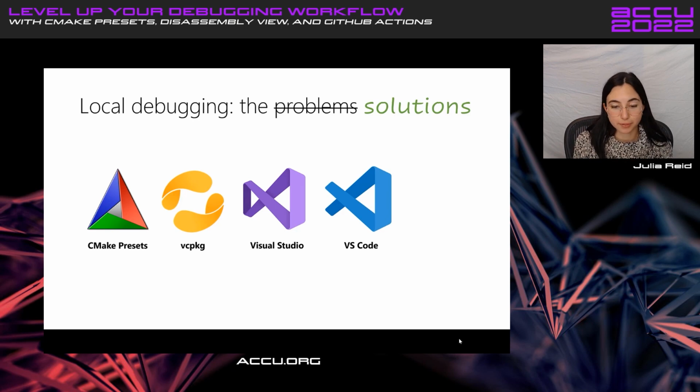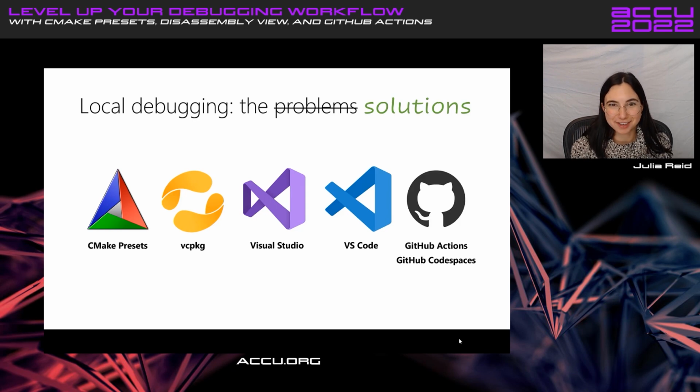You can use both of those with Visual Studio and with VS Code, and in both Visual Studio and VS Code, you can target platforms different from your host operating system. We also looked at how you can use GitHub Actions and GitHub Codespaces. GitHub Actions enables you to add an additional layer of error checking and bug catching to your application development workflow.